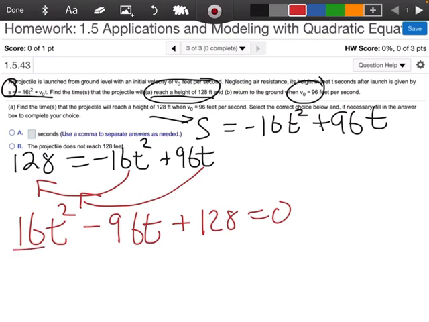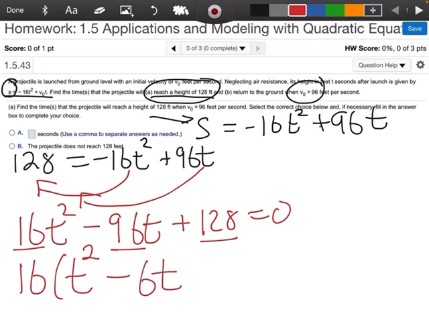I'm going to try to factor the number 16 out of each of these terms. So if I take 16 here, that's going to be t squared minus, 16 should go into 96. I'm just dividing 96 by 16 on a calculator. Is minus 6t plus, let's see, 128 divided by 16 is 8, equals 0.